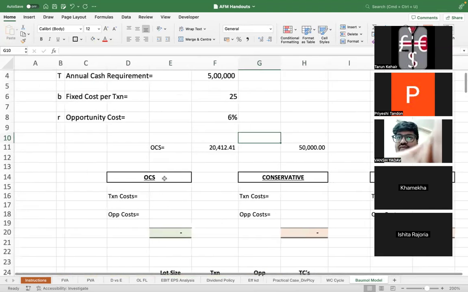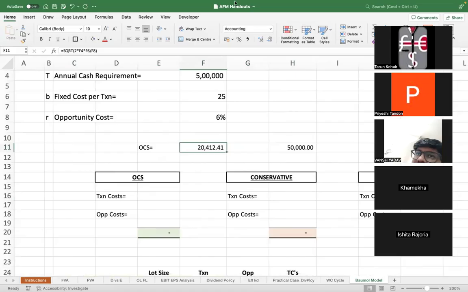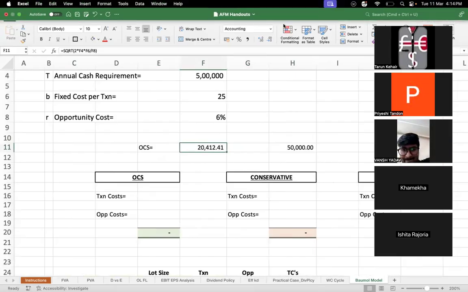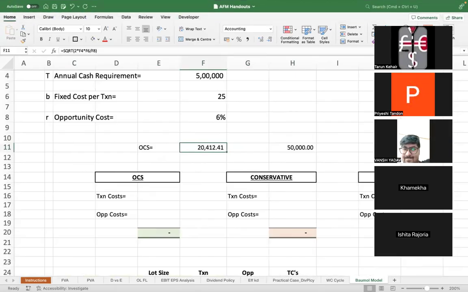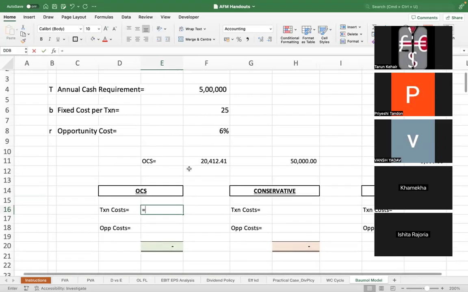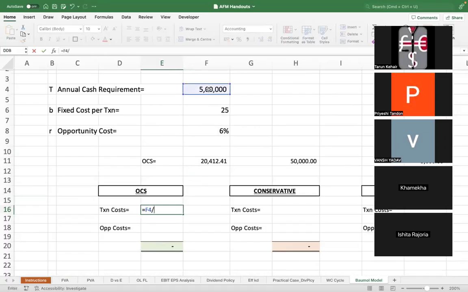So suppose I make this 20,412.41 my lot size, which means I follow the optimal lot size as per the Baumol model. What is the transaction cost? See, my annualized requirement is 5 lakhs.